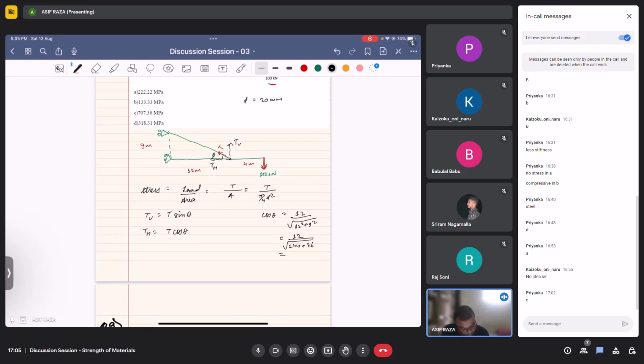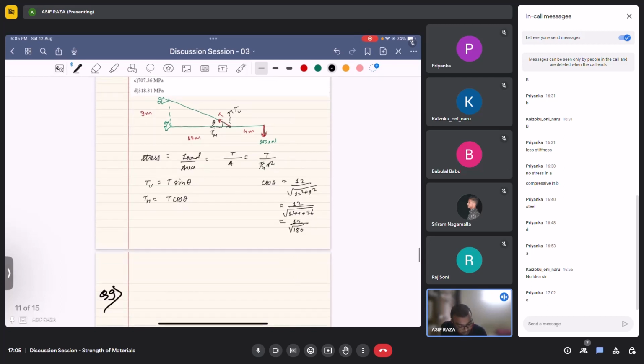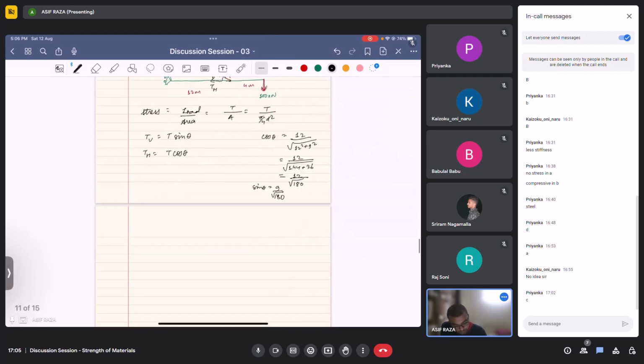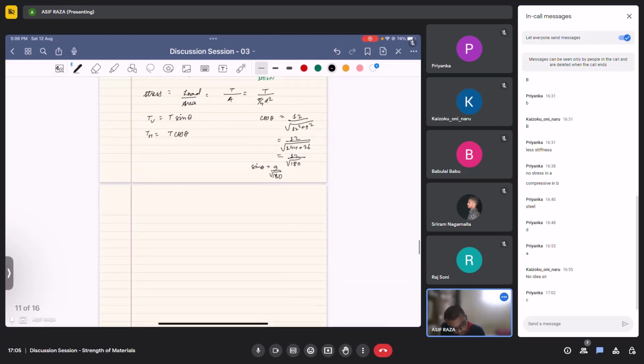Okay, so let us take it as root 225, and sine theta would be equal to 9 upon root 225. So this implies TV equal to T times 9 upon root 225, and TH would be T times cos theta, which is 12 upon root 225.